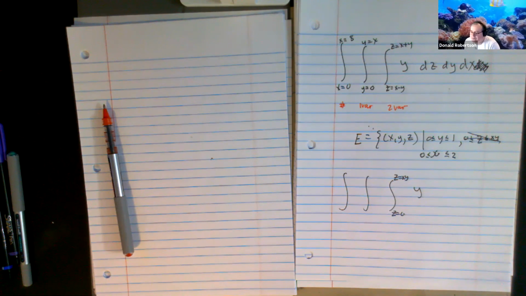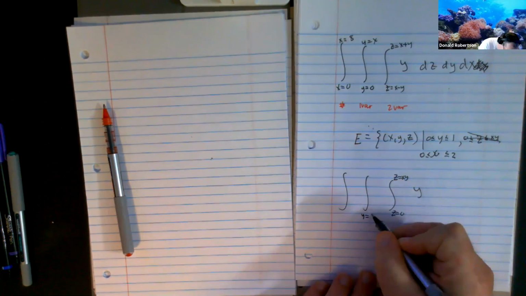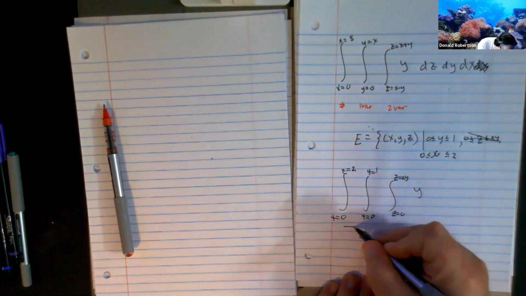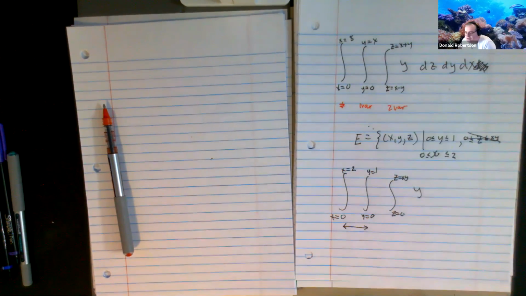If you plug it in, you could do Y equals 0 to Y equals 1, or X equals 0 to X equals 2. Because both limits of integration are numbers, it essentially doesn't matter.